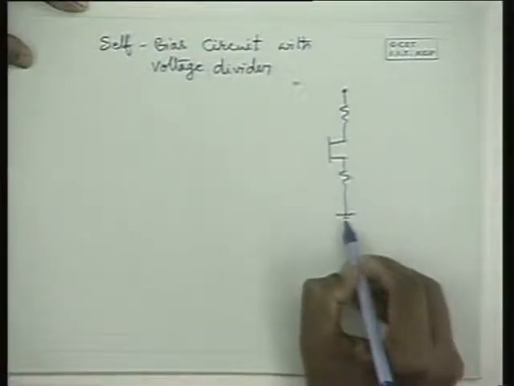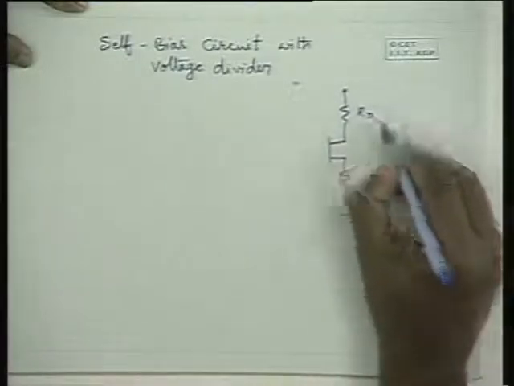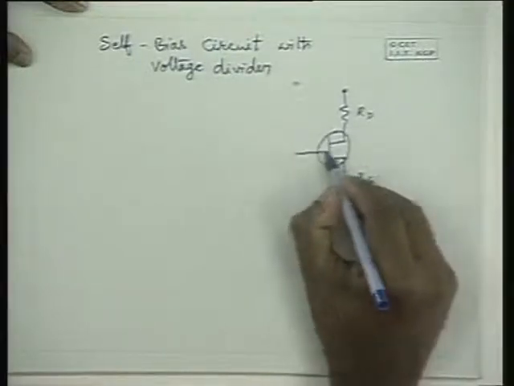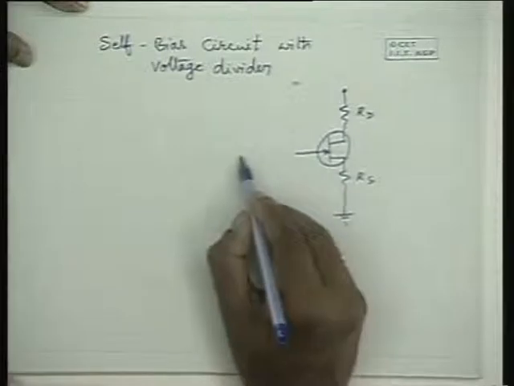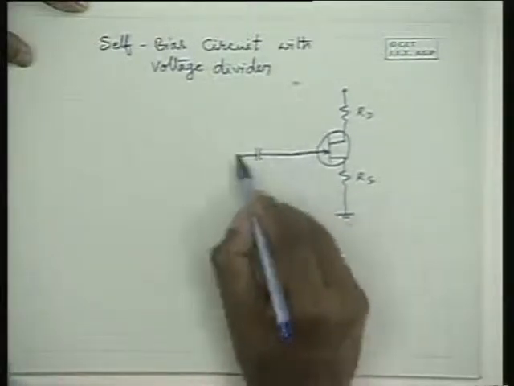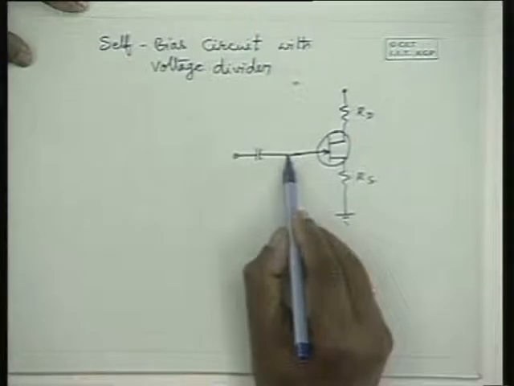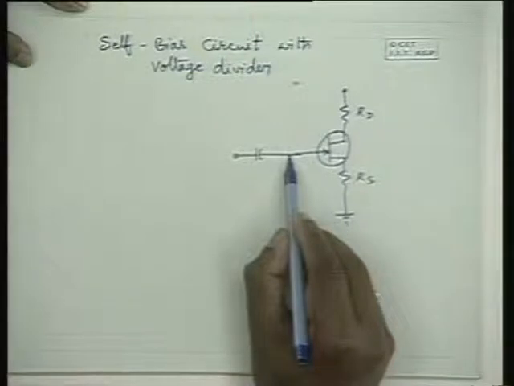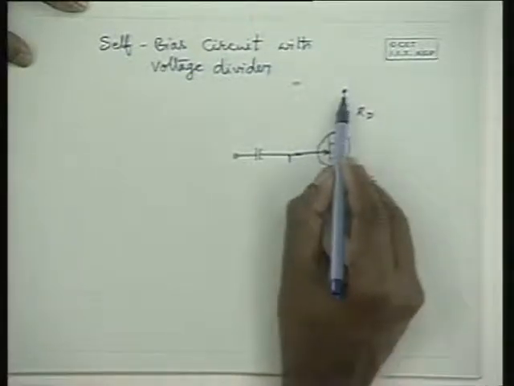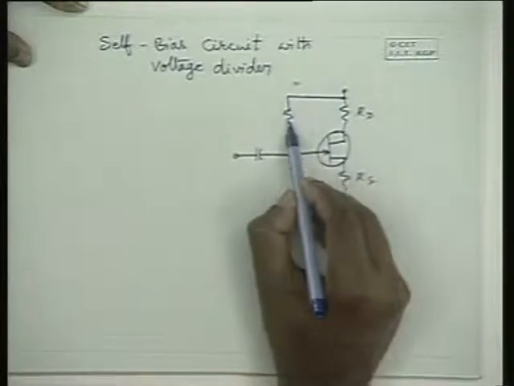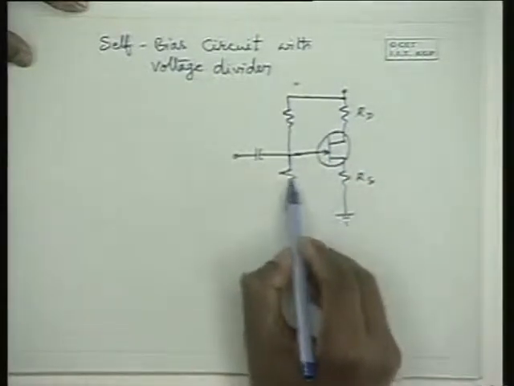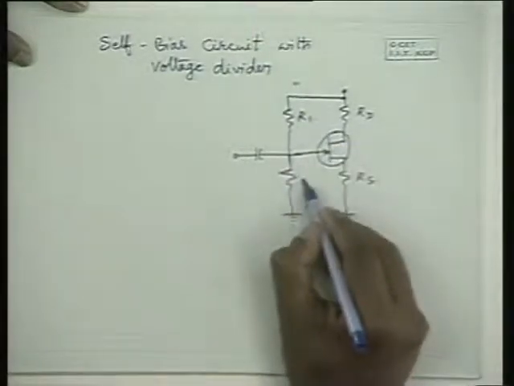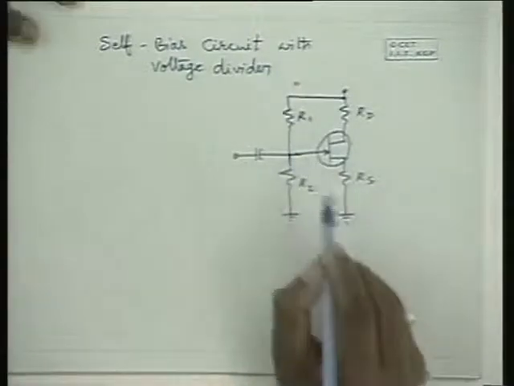Since it is also a self bias circuit, naturally we use an RD and an RS. Now, instead of an RG shorting the gate, we divide VDD by two different resistances, R1 and R2, and then apply it to the gate.